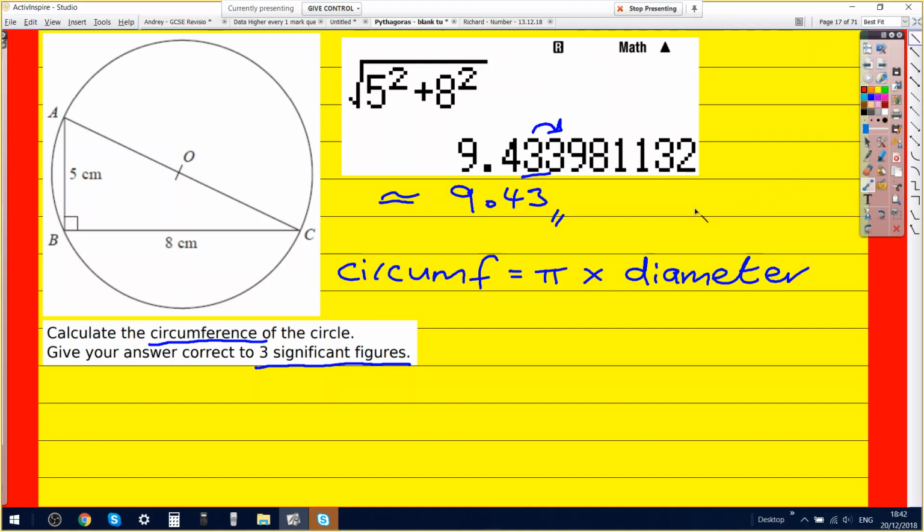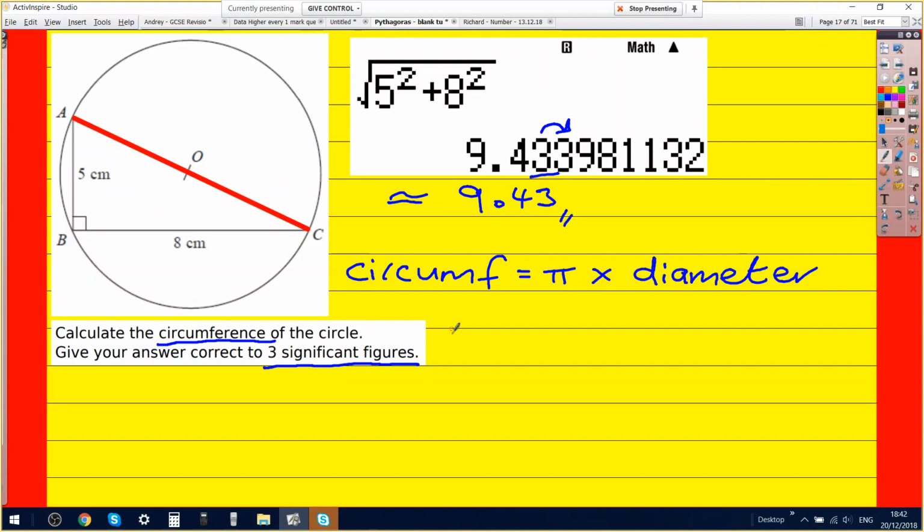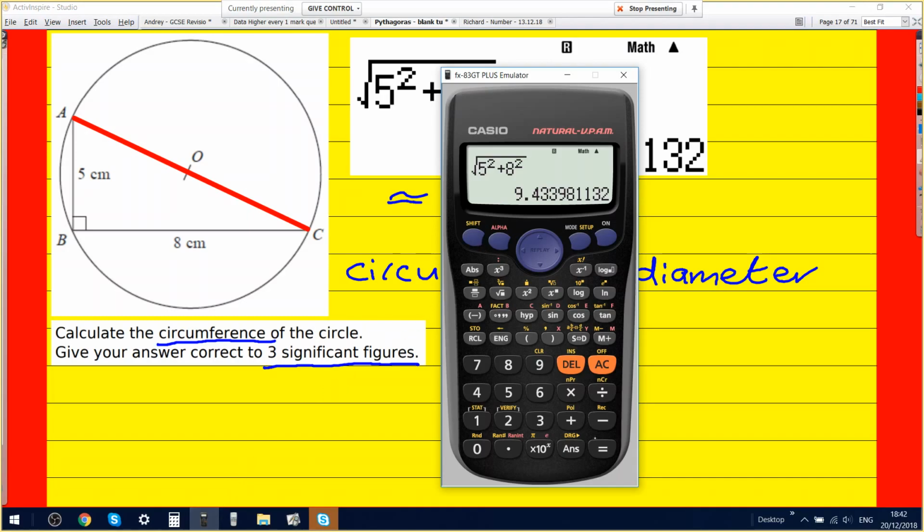Is it O? So it's the line that goes through O, yeah. And that is actually the line we just found. And so the circumference is pi times the diameter. And so it's just pi times our answer. And they want this to 3 sig fig.